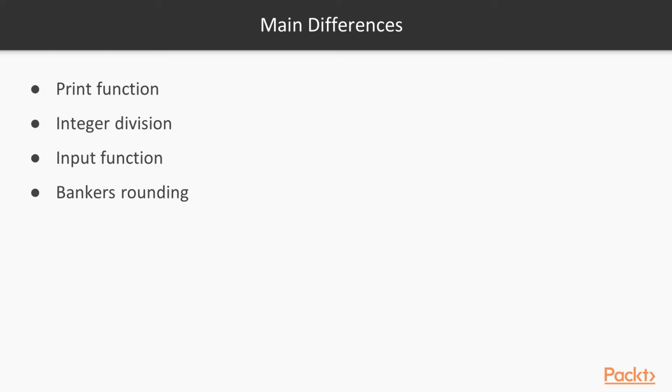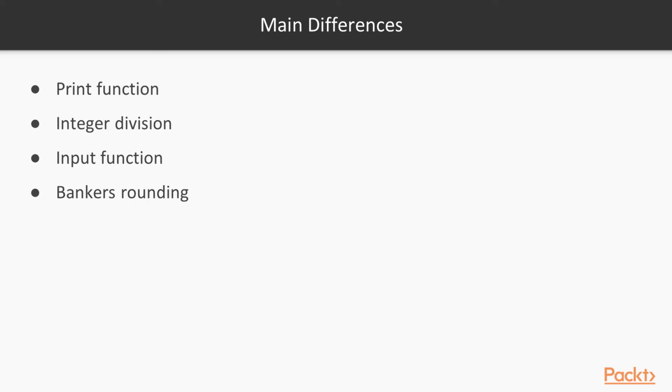So 3 divided by 2 would actually give you a 1 instead of a 1.5. It's actually a 2. So you have to be aware of that. And to counter for that, people using Python 2 have to cast using the float command to be able to divide integers while still getting float results. Python 3 automatically handles that.